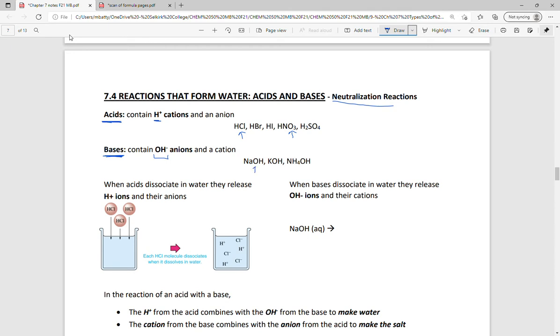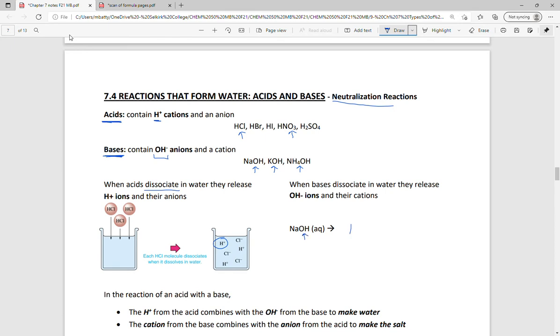So sodium hydroxide, potassium hydroxide, ammonium hydroxide. And in these, we're going to stay true to that idea that these ionic compounds are going to dissociate when they're in water. Basically the acids release their hydrogen ion, or their cation. When a base dissolves in water, it releases its hydroxide ion.